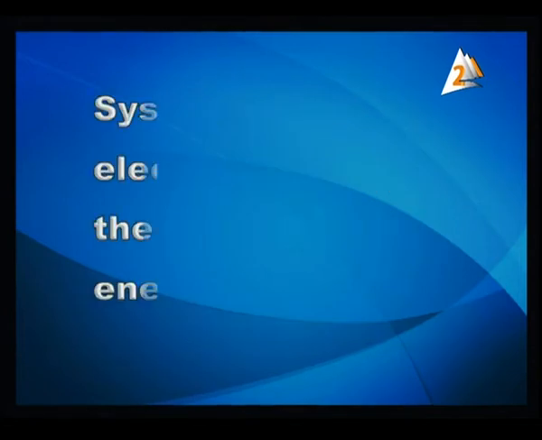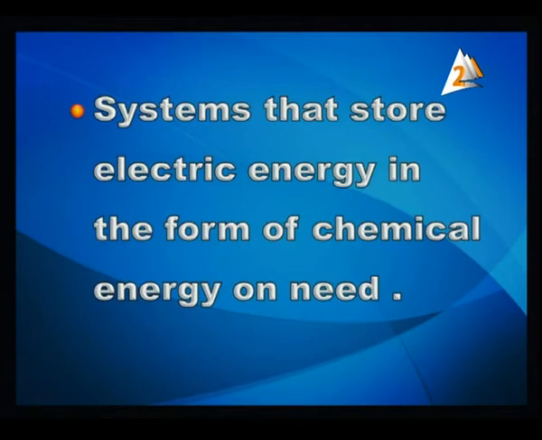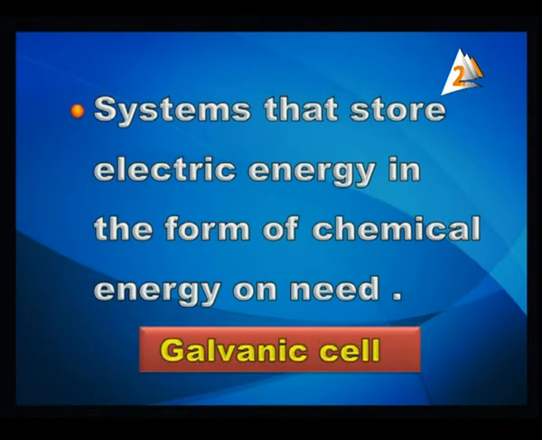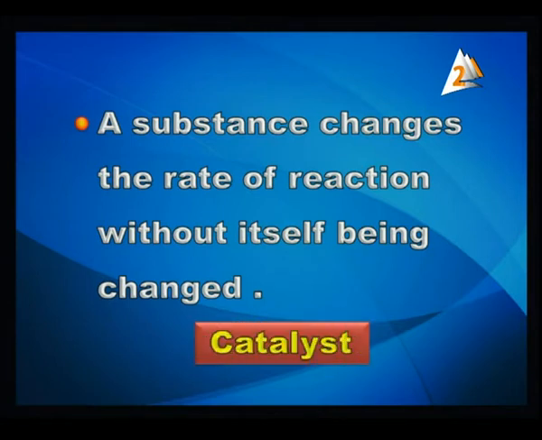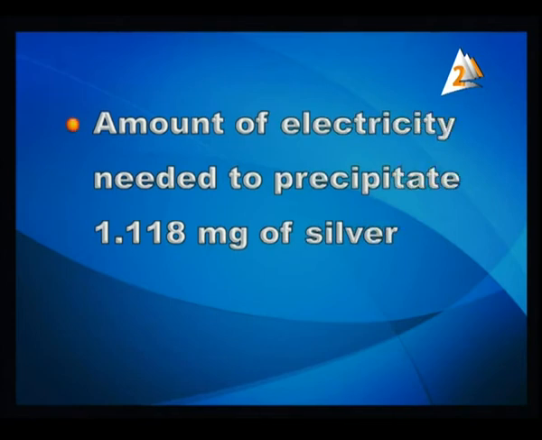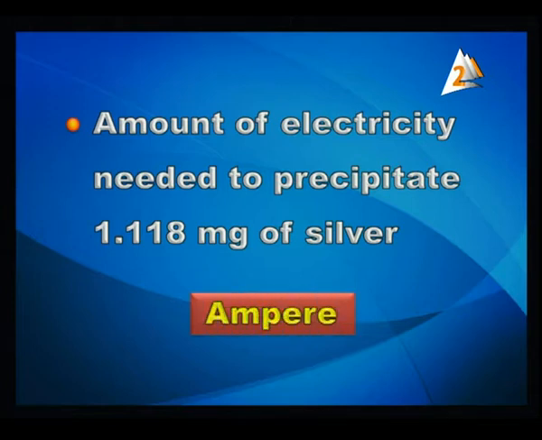Next point. Systems that store electric energy in the form of chemical energy on need. Yes, the answer will be galvanic cell. A substance that changes the rate of a chemical reaction without itself being changed. Yes, the answer will be catalyst. Next point. The unit of the amount of electricity needed to precipitate 1.118 milligram of silver. Yes, it will be ampere.